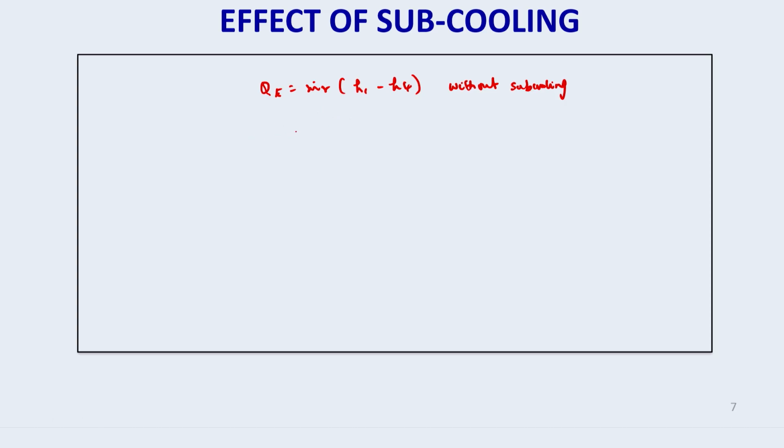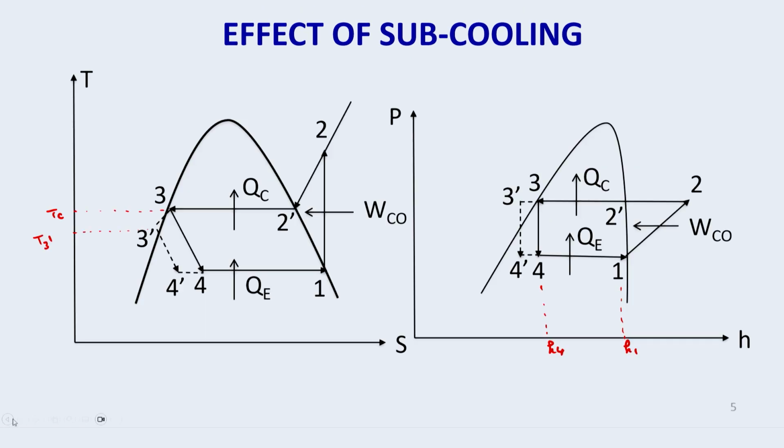And with subcooling, QE is equal to m dot R into H1 minus H4 dash. That is with subcooling. So let me go here. This is H4 dash. This is without subcooling. This is with subcooling.